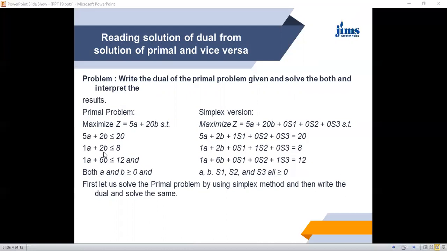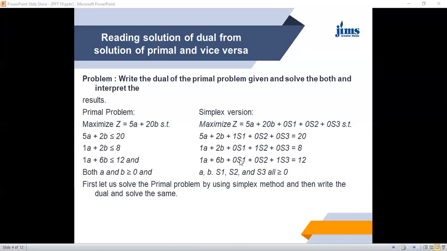Similarly, 1a + 2b + 0 s1 + 1 s2 + 0 s3 = 8. And the third: 1a + 6b + 0 s1 + 0 s2 + 1 s3 = 12, since s1 and s2 are already used in the upper two equations. A, B, s1, s2, s3 are all greater than or equal to 0.